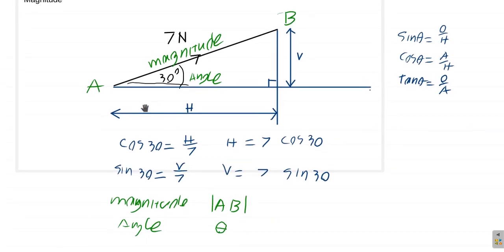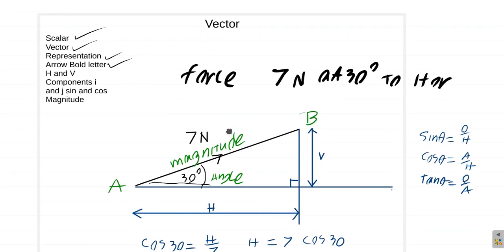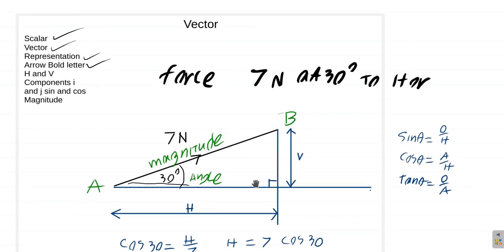Remember, I said the horizontal component, if you have the angle here, as is usually the case, would be the adjacent, cos, adjacent over hypotenuse. And the vertical component, sine, opposite over hypotenuse. The hypotenuse is always the magnitude of the vector. Alright? So you see that? So those are H and V components.